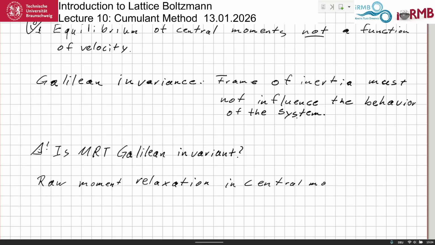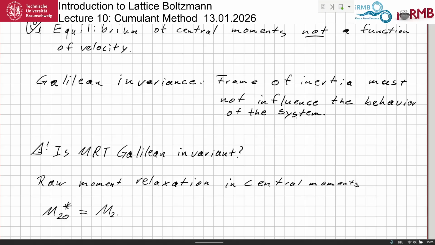Okay, what am I doing? My idea is I look at an MRT collision operator, which is a little bit unusual because I'm not using the pressure one, but I just take one of the moments that I would usually not relax on its own, namely M20, but it doesn't matter here.